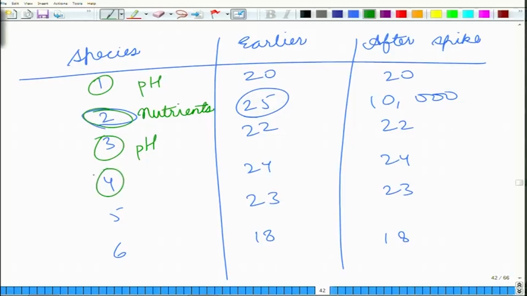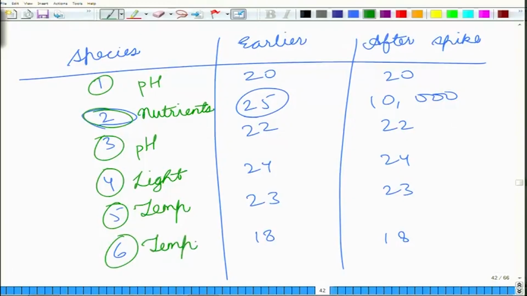Or probably some other species was limited because of the light in this area, or by the temperature. There was some species that wanted a higher temperature, and another that wanted a lower temperature. Now suppose we played with these parameters, suppose we played with the pH.